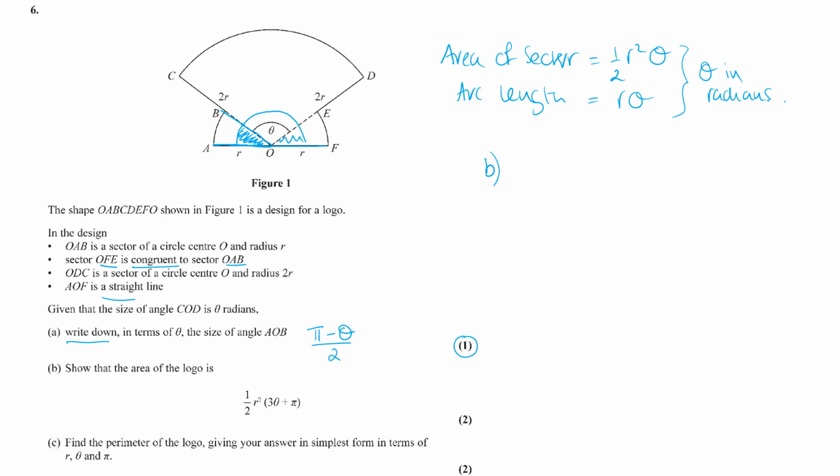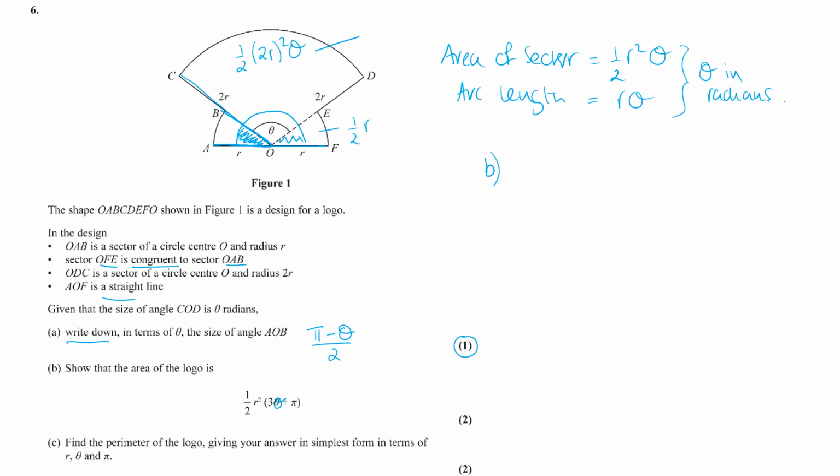In part B, we've got to show that the area of the logo is this expression, and that is half r squared times 3 theta plus pi in the brackets. So this larger sector is going to be half r squared, and r for the larger one is worth 2r. So it's 2r all squared, and the angle's theta. For the smaller one, it's half.